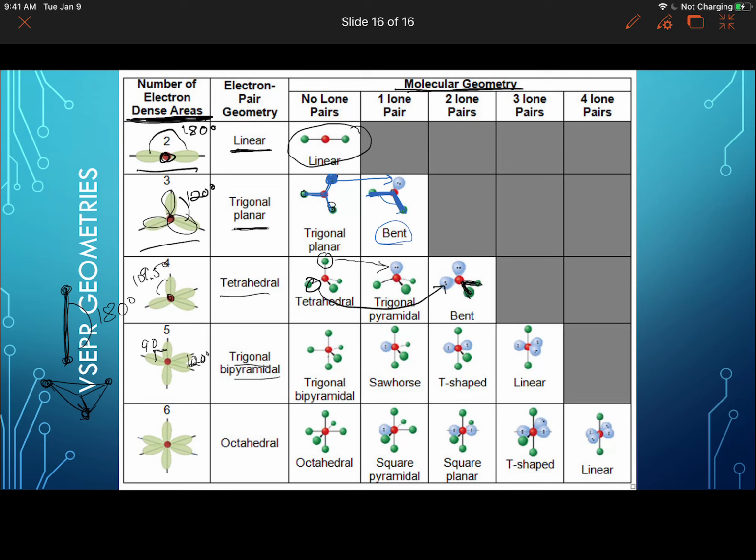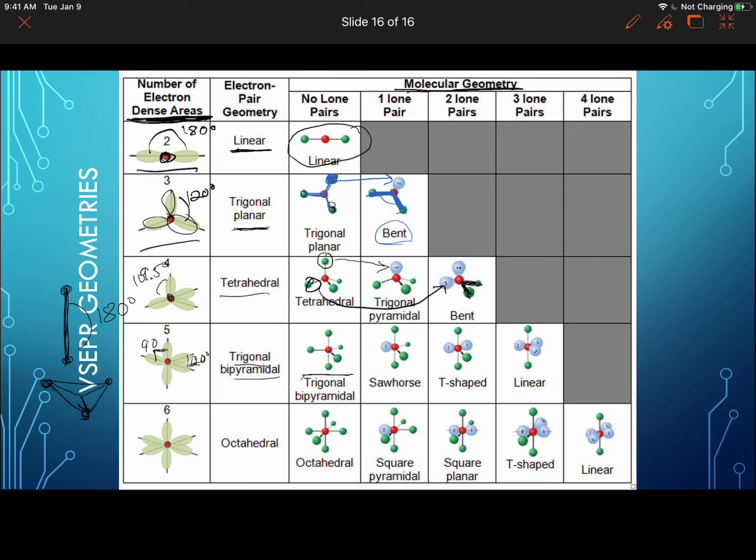And again, we have different structures based on how many electron pairs we have around our central atom, replacing those atoms. So we replace atoms with electron pairs. When we look at our trigonal bipyramidal geometry, our electron domain geometry, we can see that we have all 5 electron domains occupied by atoms in this structure.